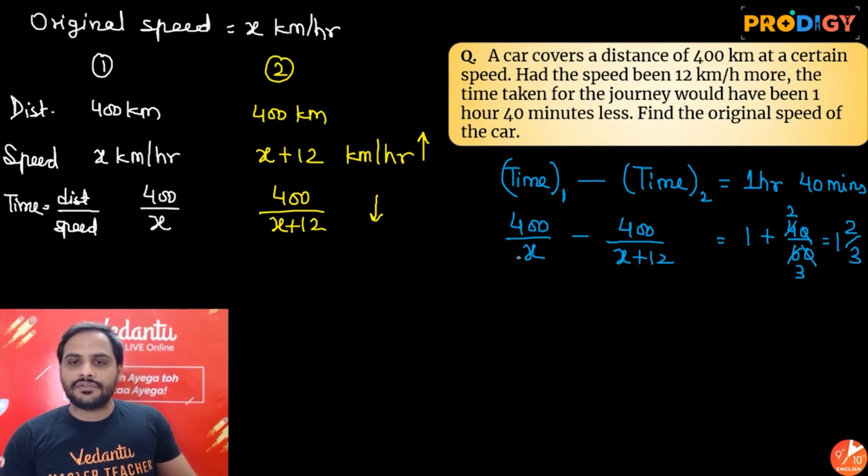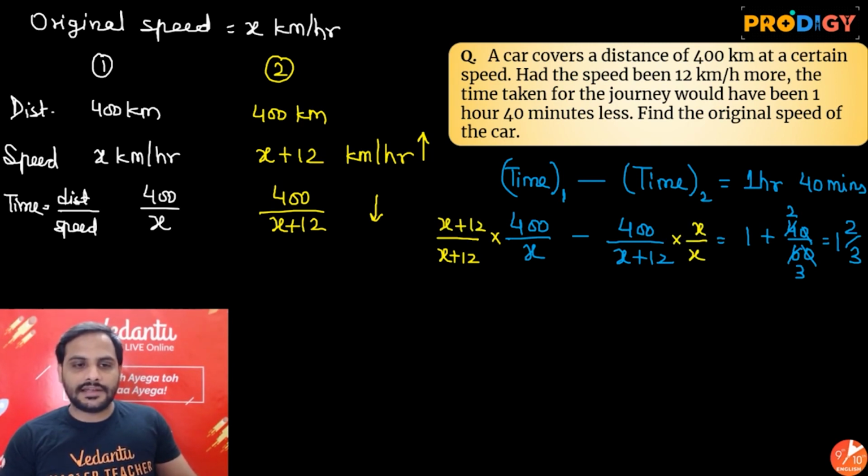In mixed fraction form. Here let us take the LCM. Multiply with x plus 12 here, and here also multiply with x plus 12. Here multiply with x, and here also multiply with x.